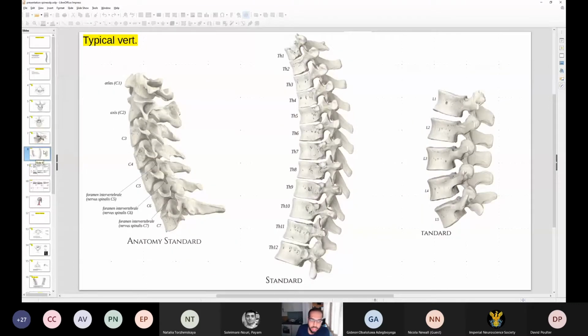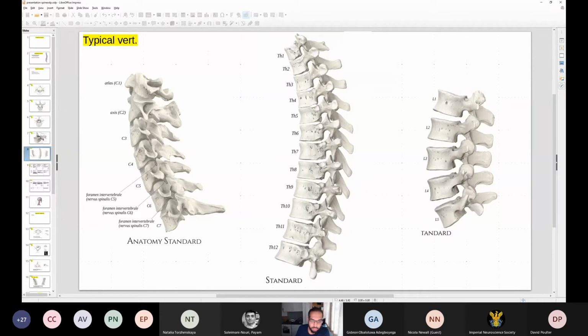So this is a sagittal view. Now we're looking at the spine from the side, and you can appreciate the spinous process here, here, and here.